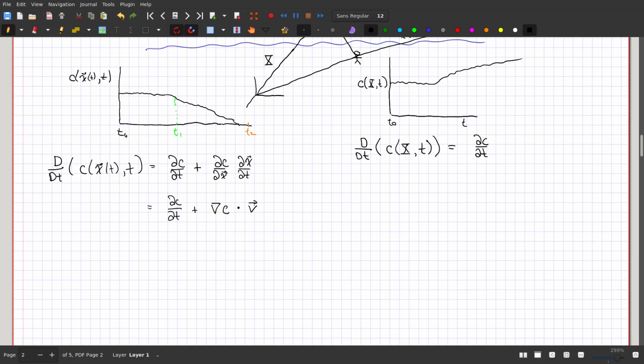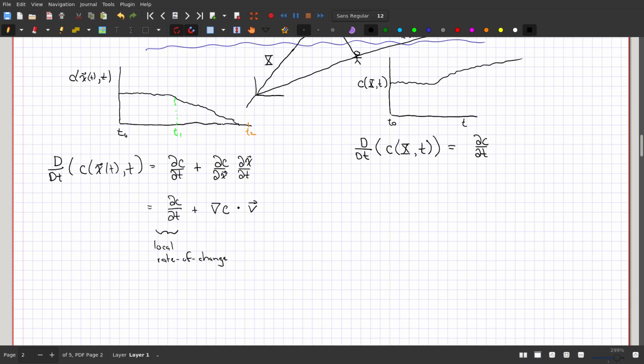So what this represents is the local rate of change. That's how the concentration is changing at any one location, just due to, say, natural diffusion.